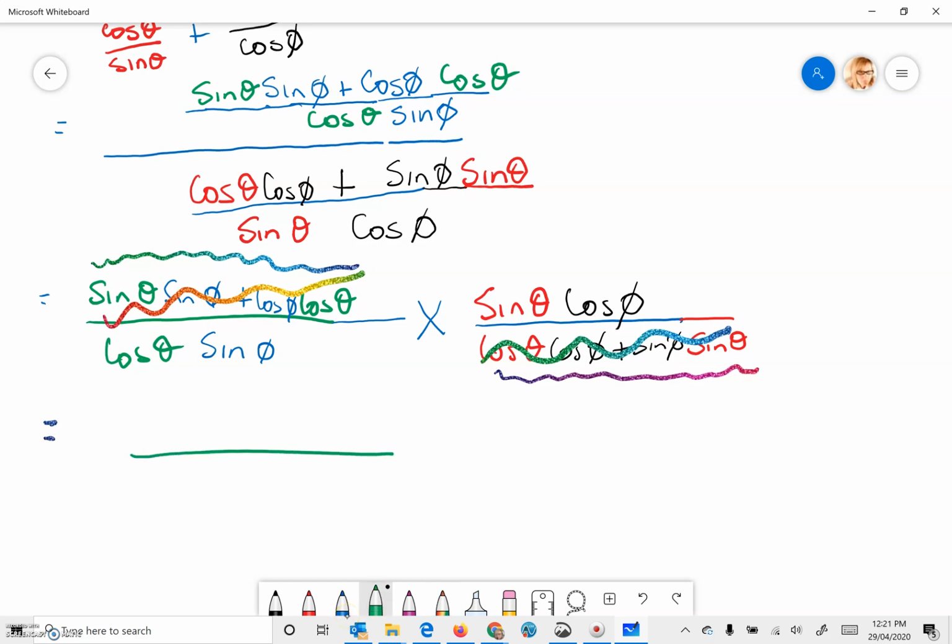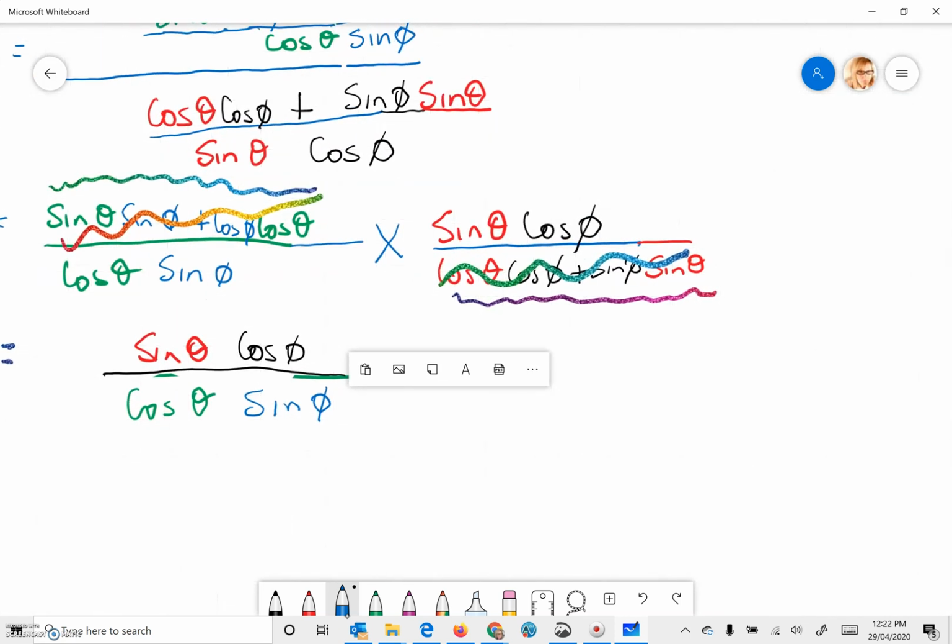We've got left with a sine theta, cos phi, and whoops, should have done them in the colours. Sorry, I keep it to the colours, guys. Sine theta, cos phi, cos theta, sine phi.